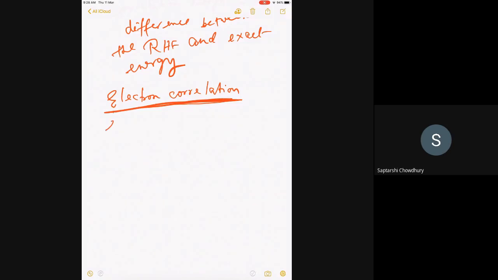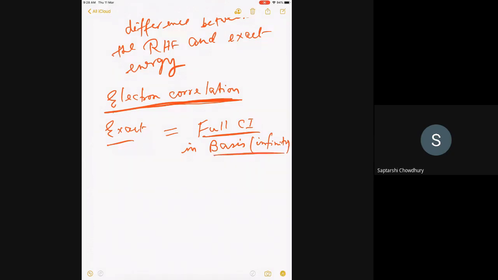So the theoretical exact in this case is what I will call complete full CI. As you do full CI, you will realize full CI in whatever basis you are doing. So if you want really exact, the full CI is exact, but the basis has to be infinity. Then it's an experimental exact. But very often our basis is not exact.